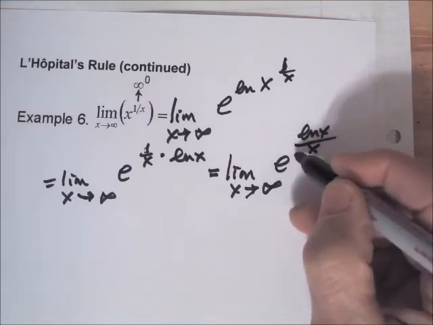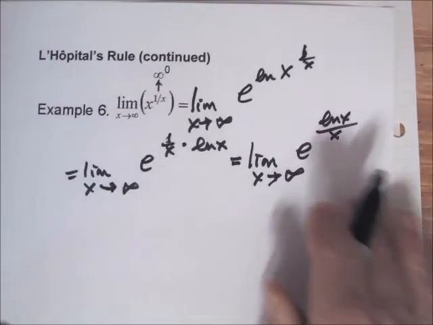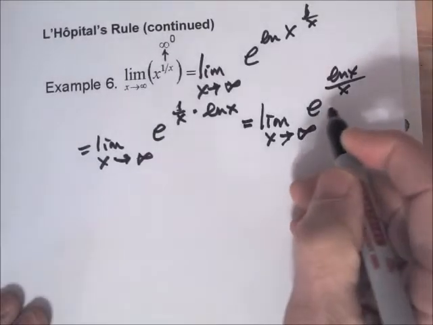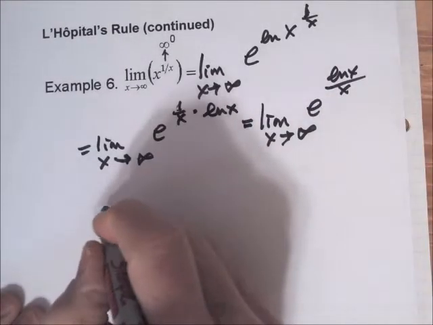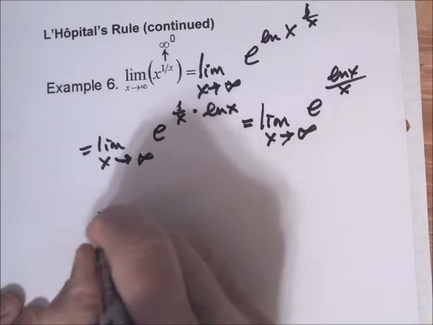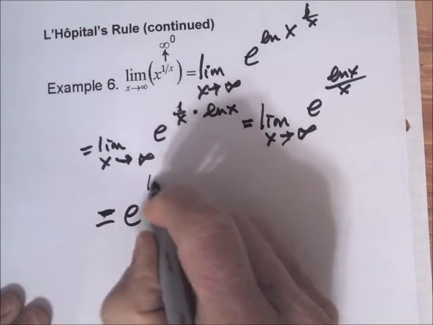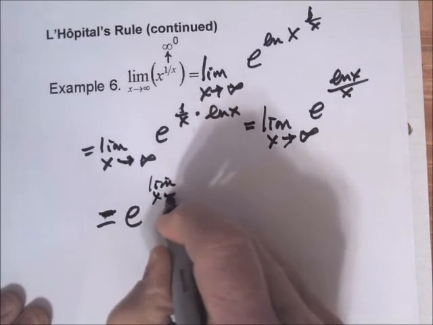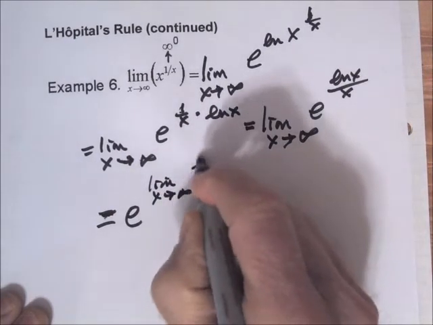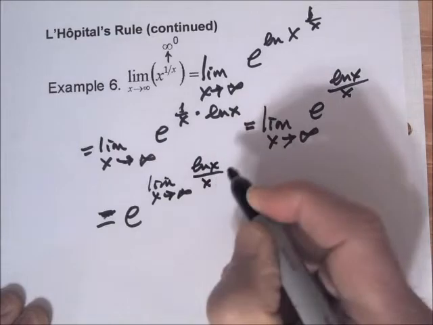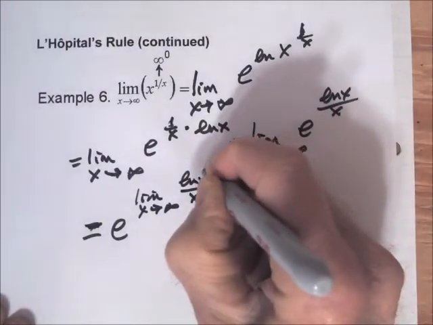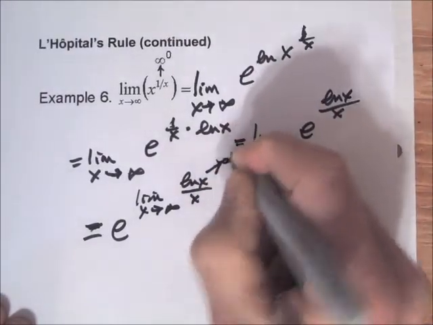And we can take the limit inside a composite function as long as the function is continuous. So we can write this as e to the limit as x goes to infinity of ln x over x, and this is indeterminate form infinity over infinity.